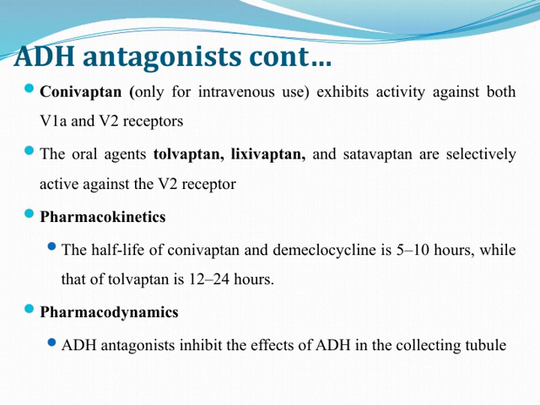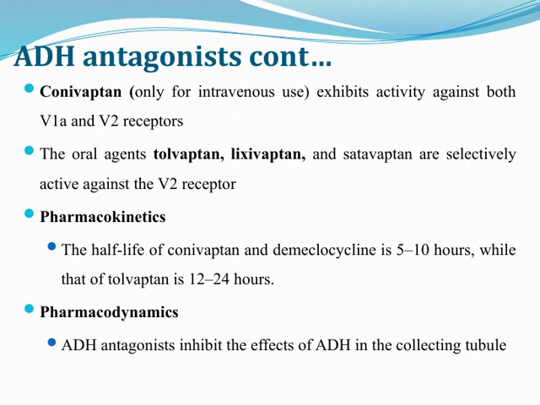Now, moving on to pharmacokinetics, it's important to note that conivaptan and demeclocycline have a half-life of about 5 to 10 hours, meaning they stay in the system for a moderate amount of time. Tolvaptan, however, has a longer half-life of 12 to 24 hours, which influences how frequently it needs to be administered.